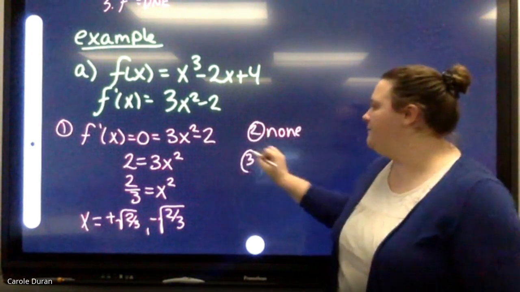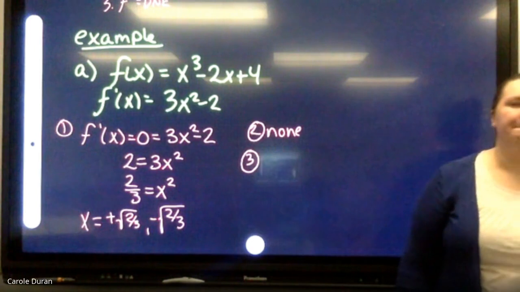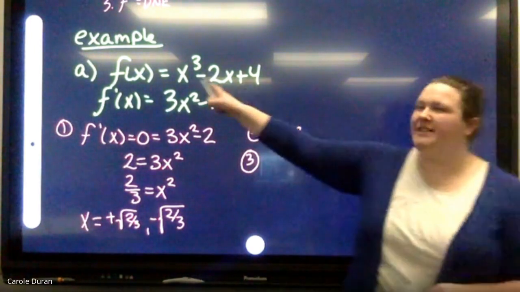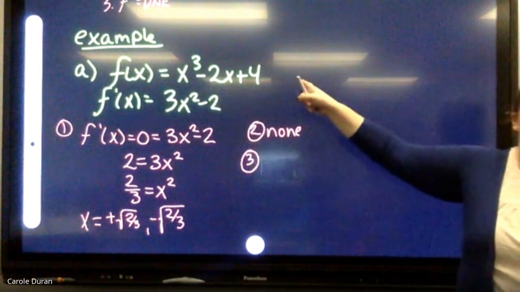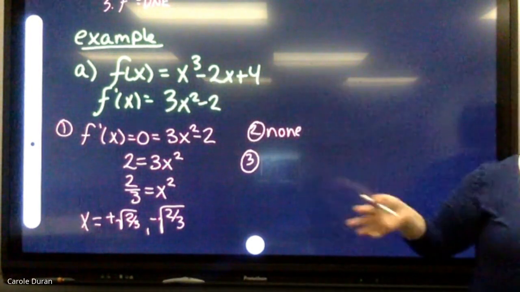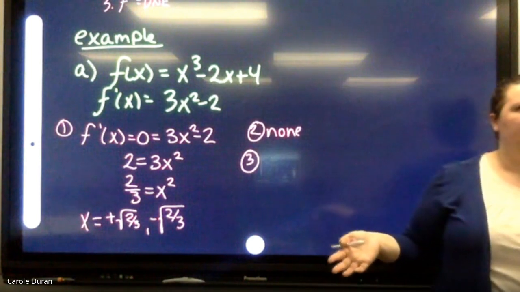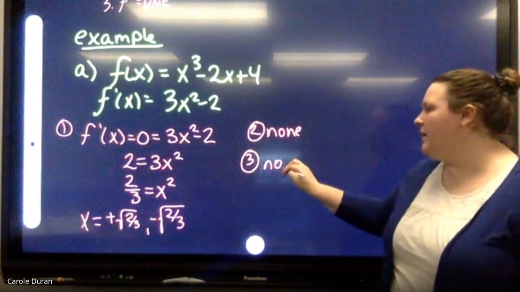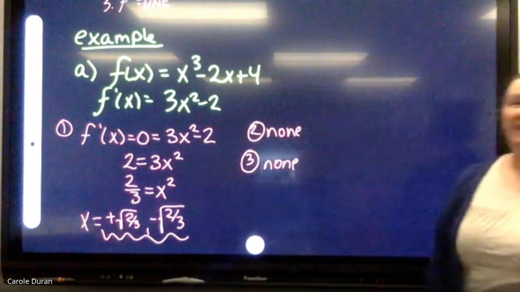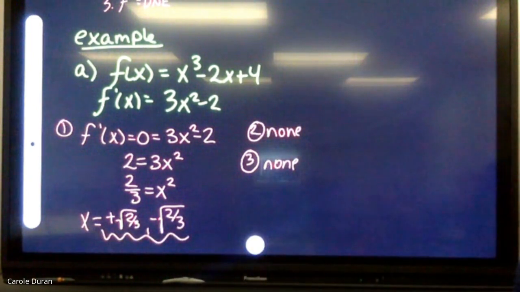And then 3 is what? Is there anything that would be a discontinuity here? No, it's a polynomial which is continuous across negative infinity to infinity. Okay, so again, there are none here as well, which means my extrema, if they exist, can only be those.